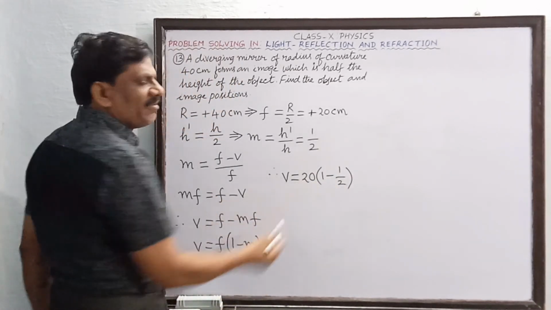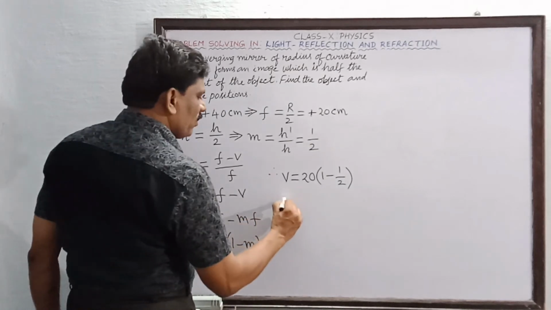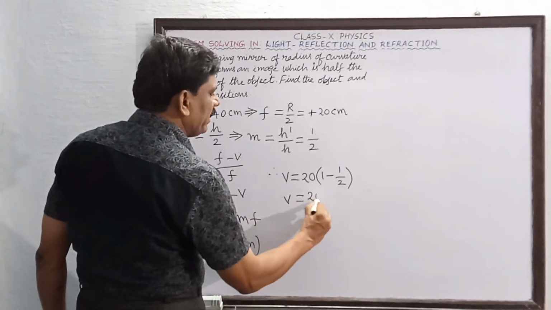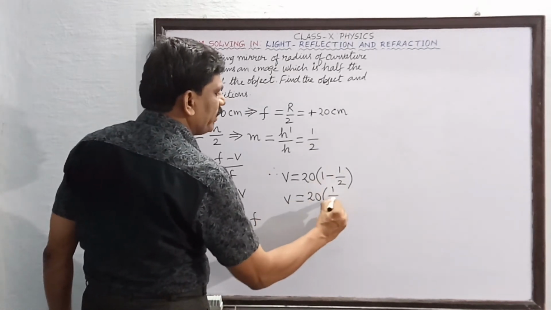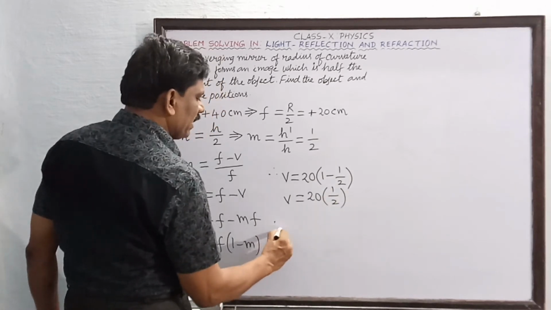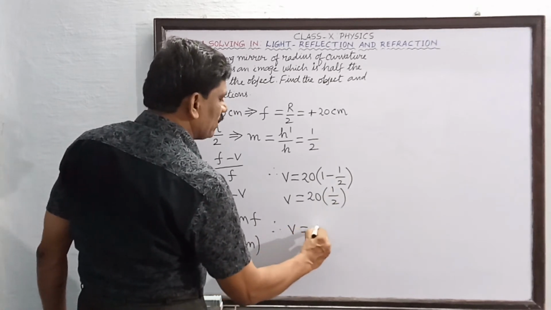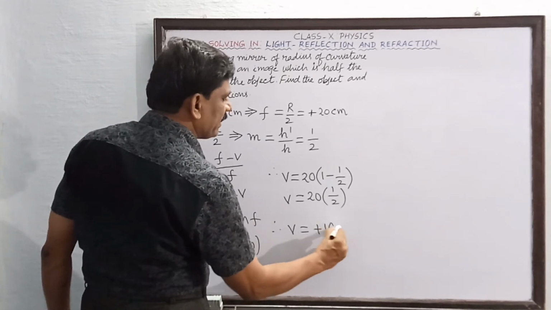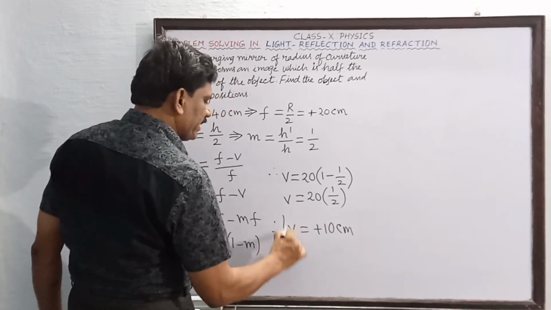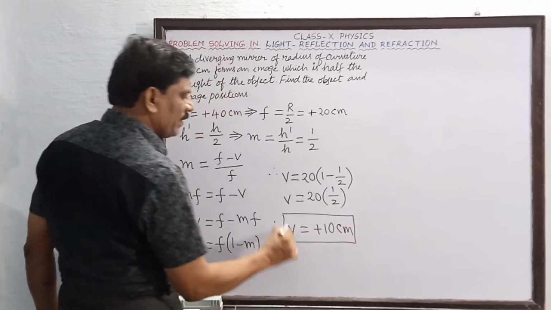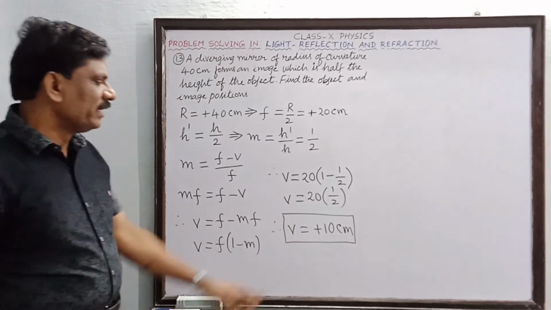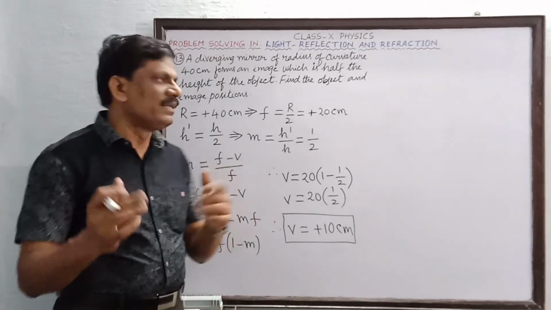So 1 minus half is half only. Therefore v is equal to 20 into 1 by 2. Okay, therefore v is now equal to plus 20 by 2 is 10 centimeter. So the image distance is what? 10 centimeter. It is positive, means where is the image formed?